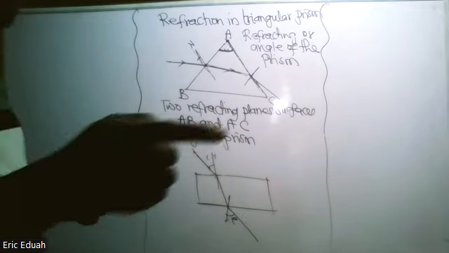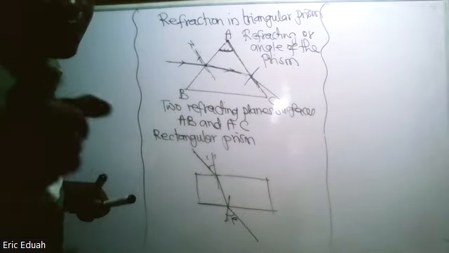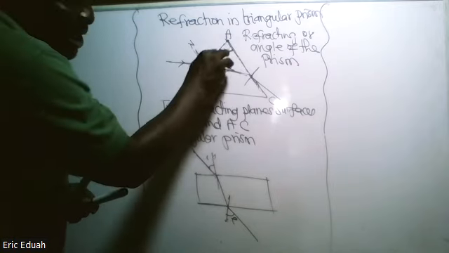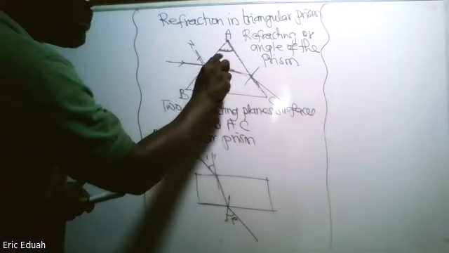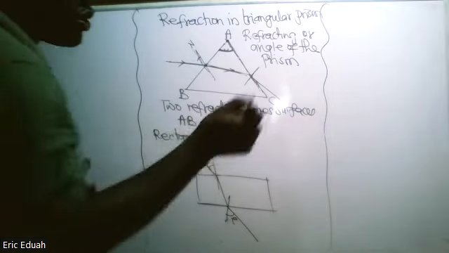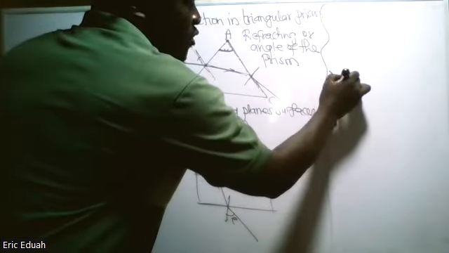Because of this special property of triangular prisms, that is why it is used for dispersion of light.